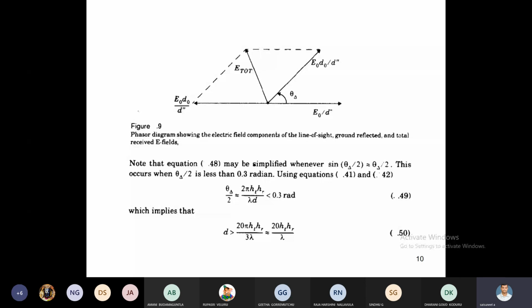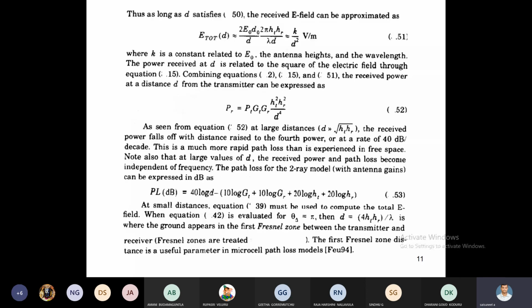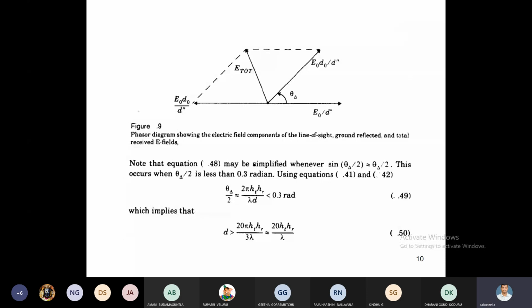Finally, we assume that for a long distance it satisfies E total of d equal to 2 E0 d0 by d times 2 pi ht hr by lambda d. Why are we doing this? We know that sin theta delta by 2 is approximately theta delta by 2 when theta delta by 2 is less than or equal to 0.3 radians, which is equal to 2 pi ht hr by lambda d.